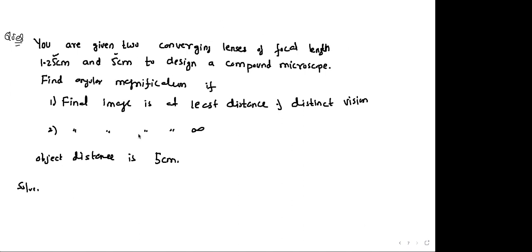See, first of all, using this given object distance, and this is the focal length of objective lens, try to calculate V naught. Because even if you are solving part 2 first, the angular magnification is minus of V naught by U naught into D by FE. You have D, you know D is 25 centimeter. You know FE is 5 centimeter. You know U naught. The only issue is this V naught. To get this V naught, apply lens formula, 1 by V naught minus 1 by U naught is 1 by F naught. And get the value of V naught now.